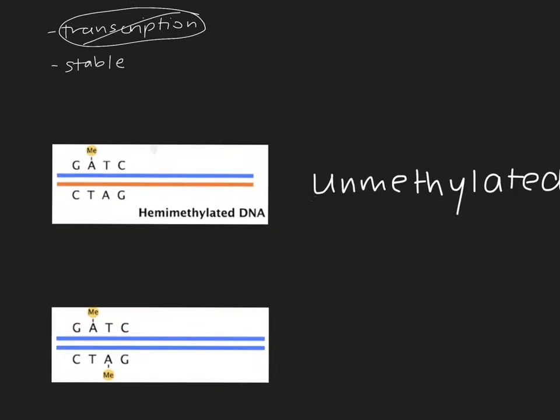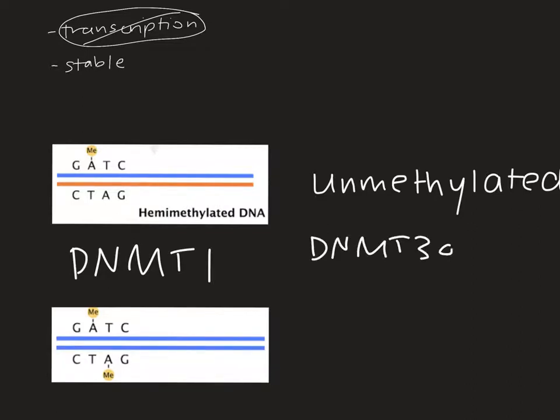There are 3 main types: DNMT1, DNMT3A, and DNMT3B. DNMT1 is considered a maintenance methyltransferase, and this is because it usually targets hemimethylated DNA.